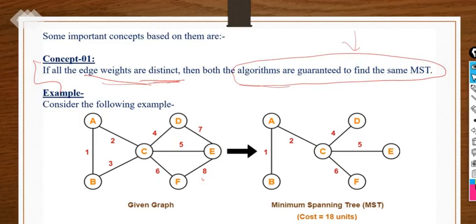As I've told you, both Prim's and Kruskal will give you the same minimum spanning tree. It's 100% guaranteed in what case? If edge weights are distinct, then it will give you the same minimum spanning tree. First note.